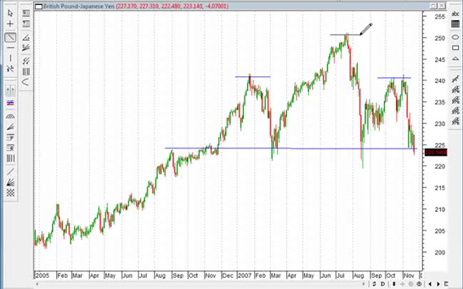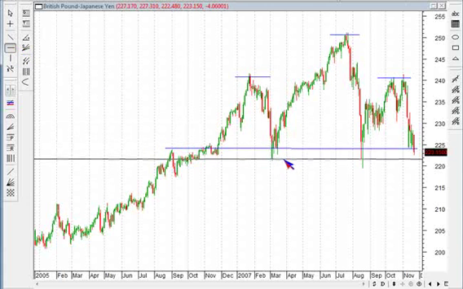So you'll notice also that as the currency pair comes down to the neckline, it's gone through a little bit both times. So really we have this support range right here.